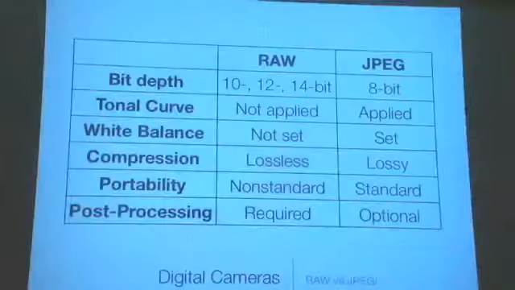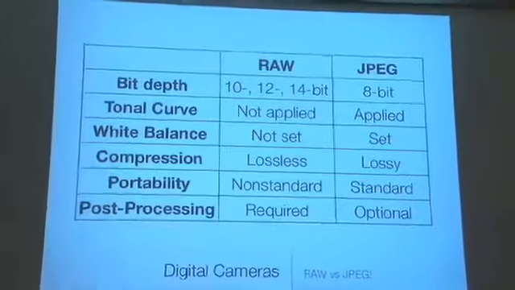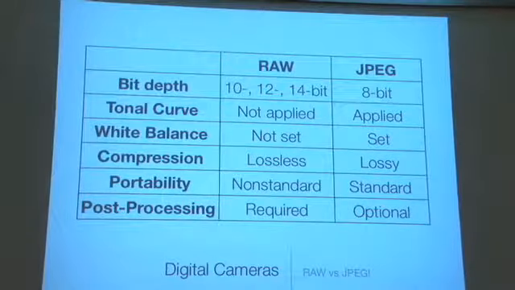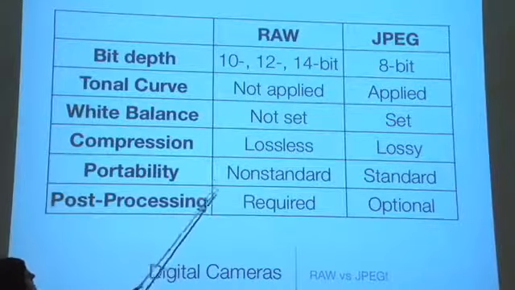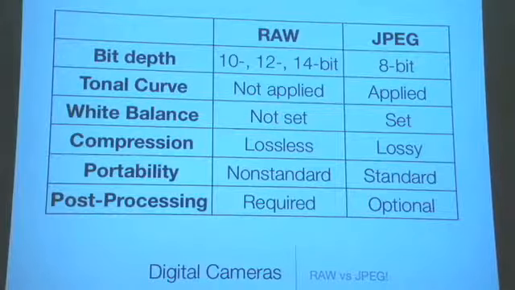Now, as you might know, when we're dealing with the raw format, we actually have the best capability of adjusting color temperature. The white balance is not set in a raw file, so you can go back later and fix what your camera did wrong.